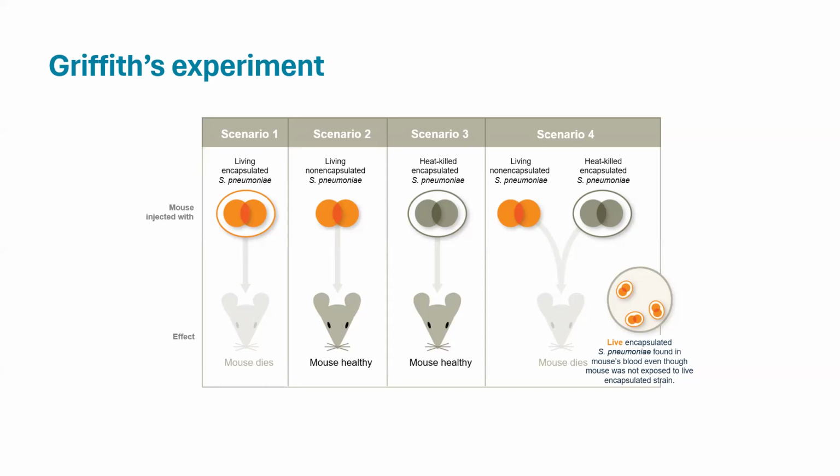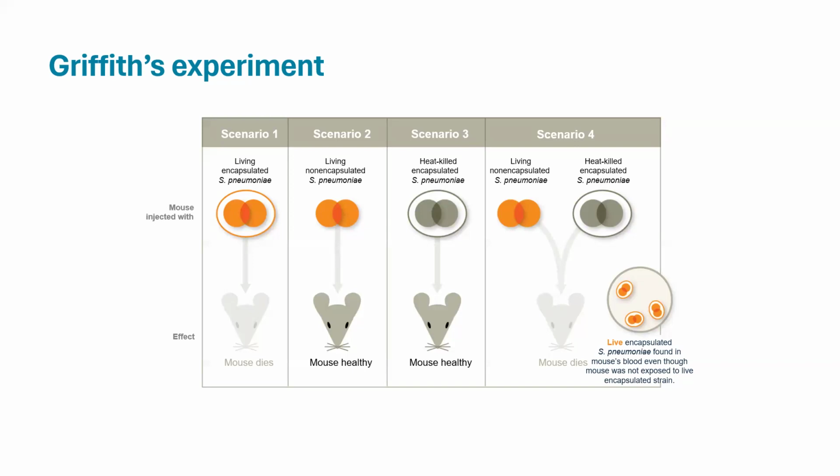Now, the third scenario is if you kill the S. pneumoniae that have the capsule, they also won't kill the mouse. And so what that means is that it's something active, something about the capsule that allows it to become infective and kill.